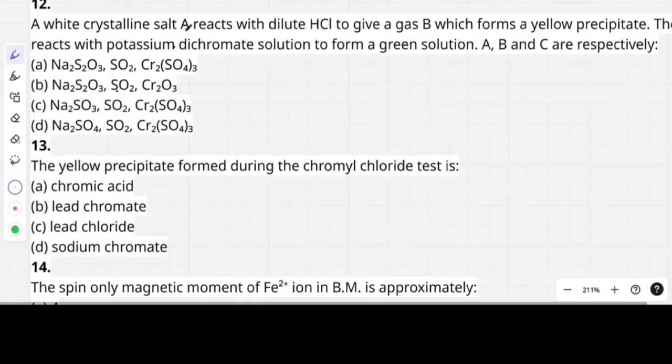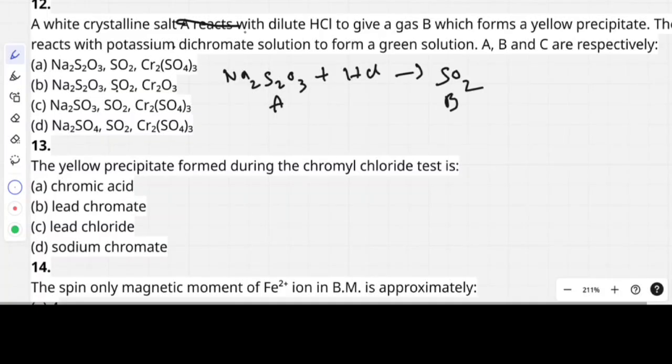Na2S2O3. Here we have to write Na2S2O3 and its reaction with HCl. For this we get sulfur dioxide gas. So A is Na2S2O3 and B is SO2.